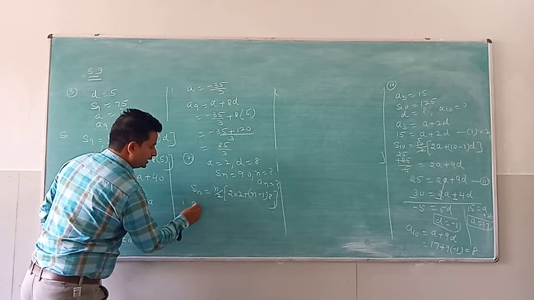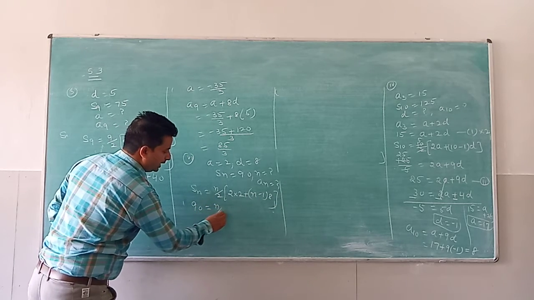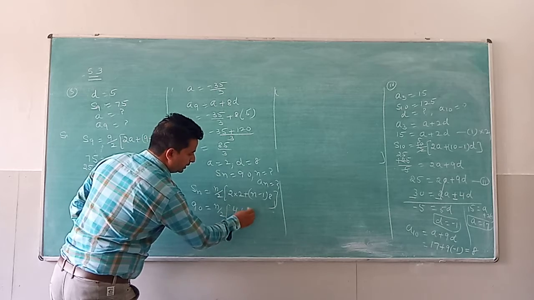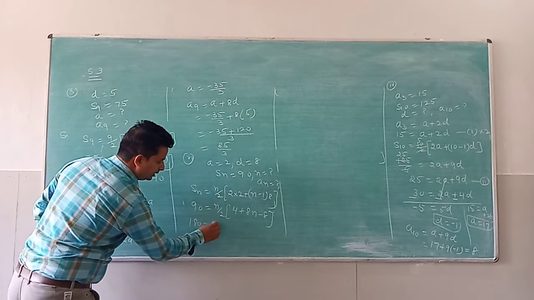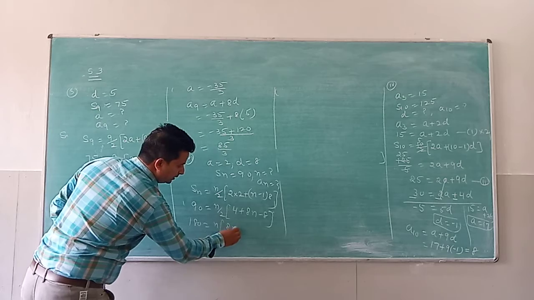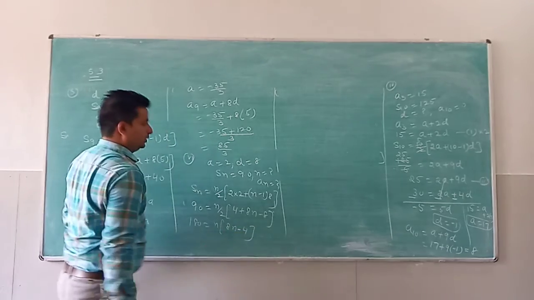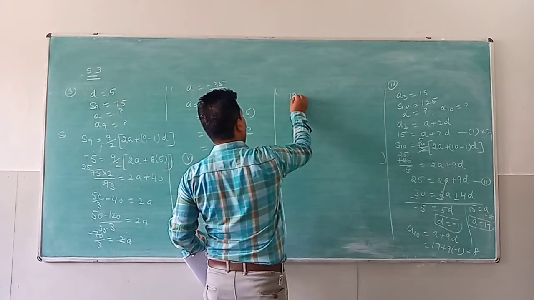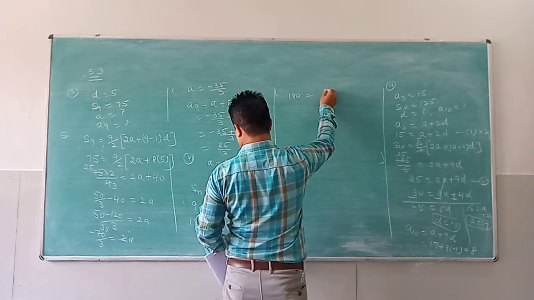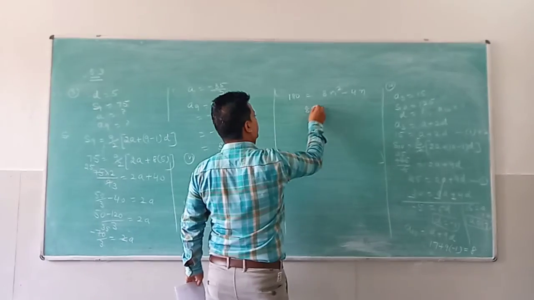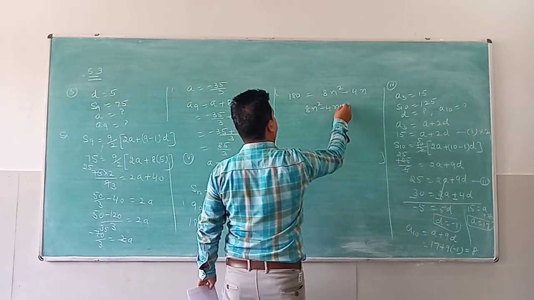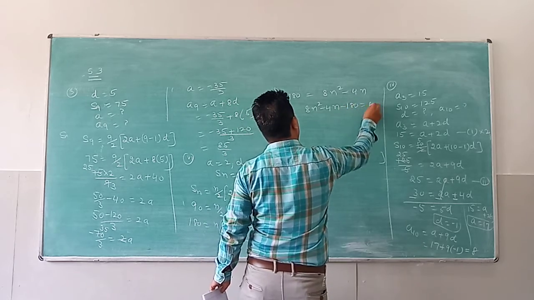So this is 90 equals n upon 2, 4 plus 8n minus 8. This is 180 equals n into (8n minus 4). So this equation is 180 equals 8n squared minus 4n. So 8n squared minus 4n minus 180 equals 0.